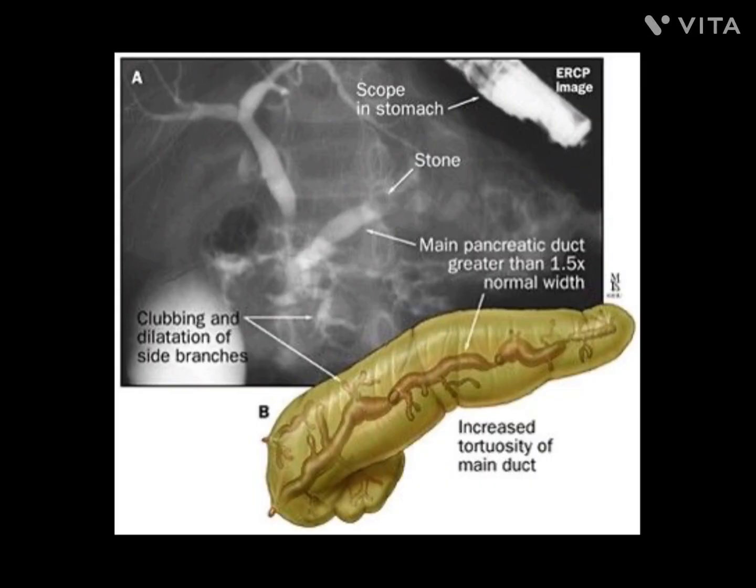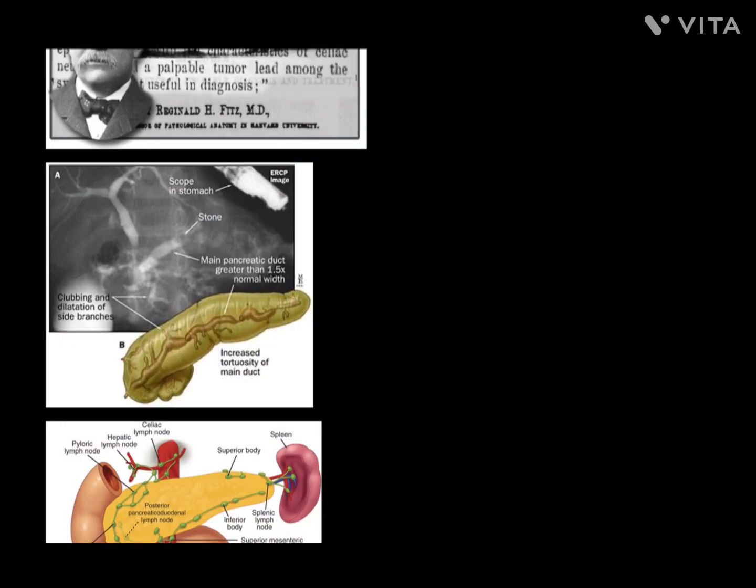Contrast CT is the best imaging, after 72 hours of admission. We can also see some signs on physical examination. Infected pancreatic necrosis is the major indication for intervention. So these are the main high yield exam points.